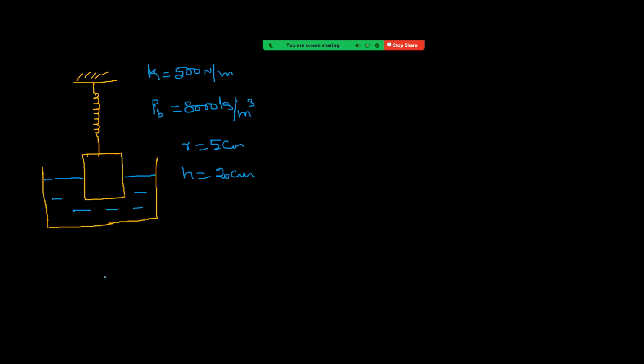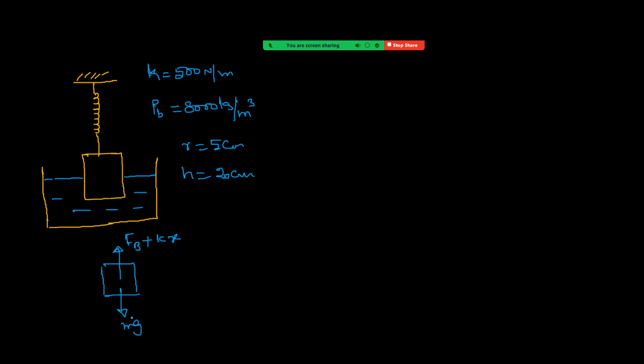If you draw a free body diagram for the cylinder, buoyancy force supports, but weight is dominating. Since it is elongated, the spring force will be upwards and weight mg downwards.